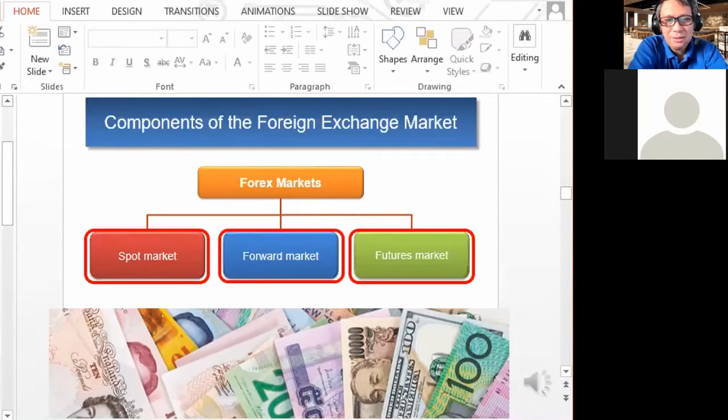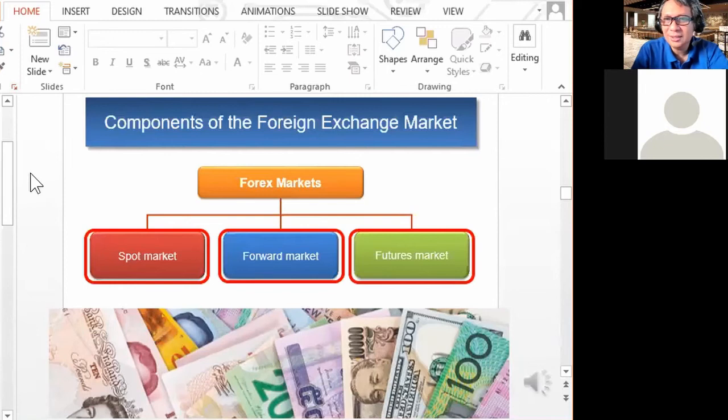Futures market naman, also the same, no? But you need an investor. The investor actually can also sell the contract. It becomes like a marketable security. So that's the futures market. And the futures market refers to this trading in an establishment, no? That sells futures contracts. The futures market yan.